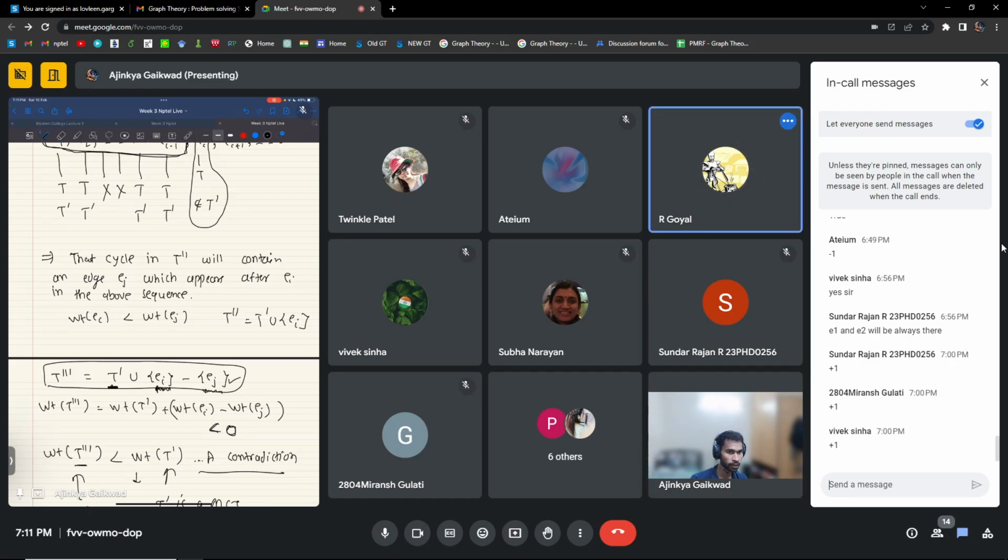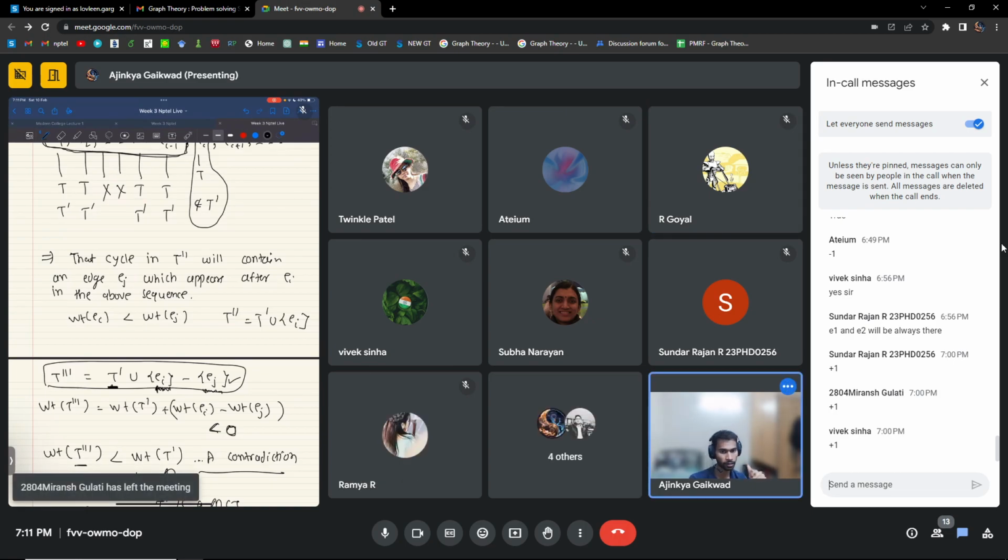Then what I said is that EI is an edge that is not in T prime, so let's add it inside it. Once I added it, it was a tree before. Now I am adding one more edge, which means there will be a cycle. In this cycle, there will exist an edge whose weight should be more than EI because EI is there in the solution generated by Kruskal's algorithm.